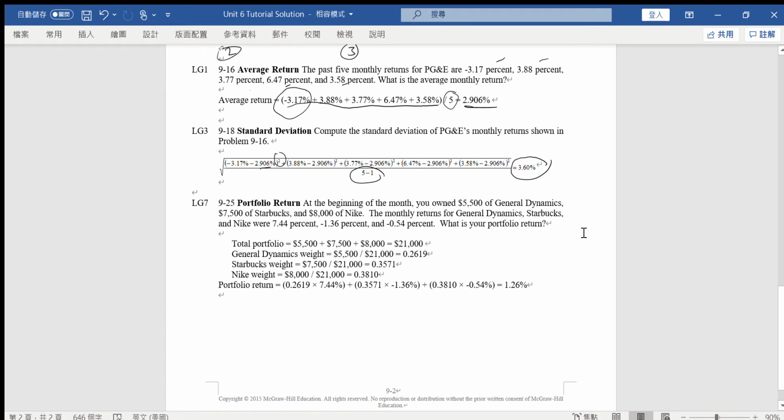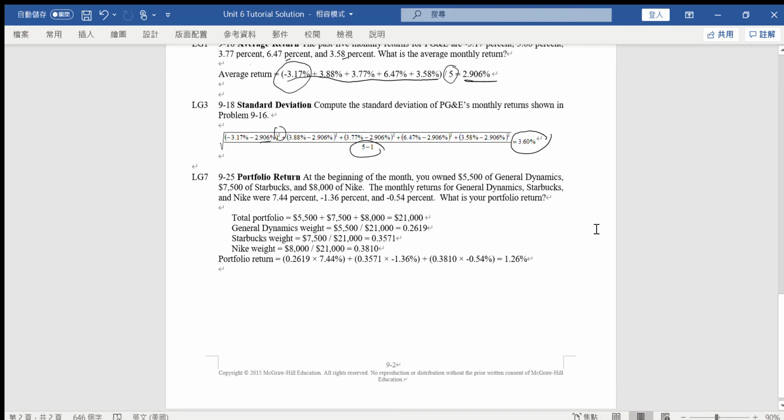Then another question is the portfolio return. At the beginning of the month, you own 5,500 of General Dynamics, 7,500 of Starbucks, and 8,000 of Nike, and the monthly returns for General Dynamics, Starbucks, and Nike were 7.44%, negative 1.36%, and negative 0.54% respectively.